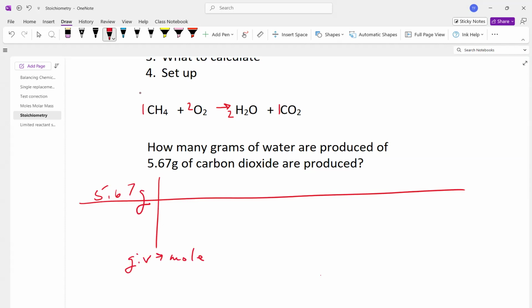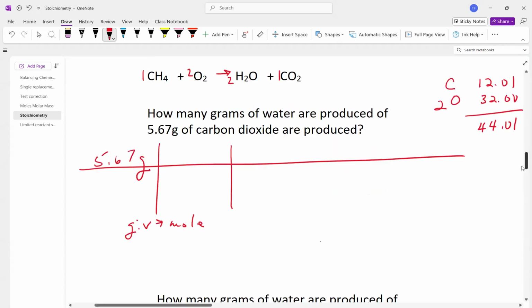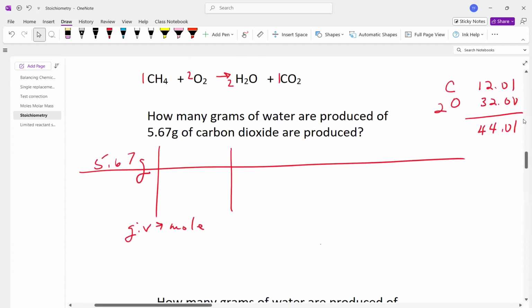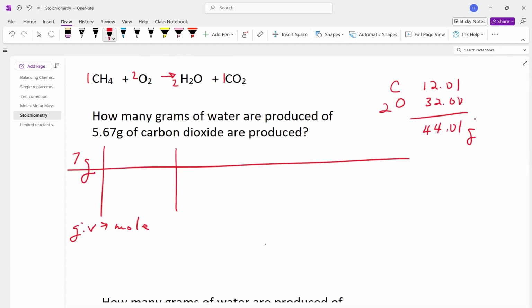Okay, so first step is, since we can't work with grams directly, we have to convert to moles. So first step is convert to moles. Now, carbon dioxide is 44.01 grams per mole.